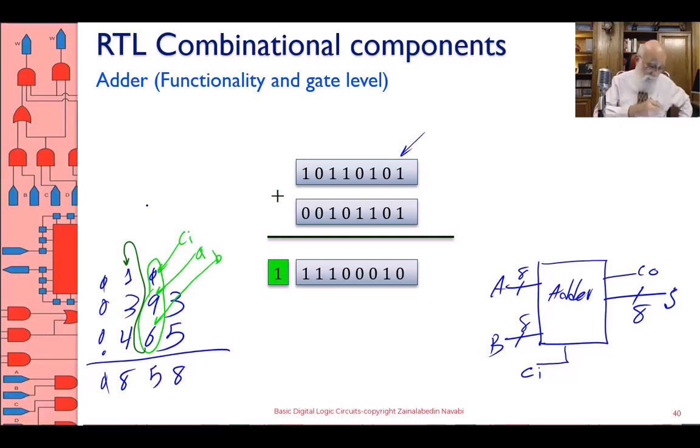So that is carrying into the next bit, but then this is also producing a sum, which is the 5 down here. Okay, so I'm going to do exactly the same with the binary numbers. I start with this is my A, this is my B. I start from the rightmost bit and then assume that I have a 0 carry in.